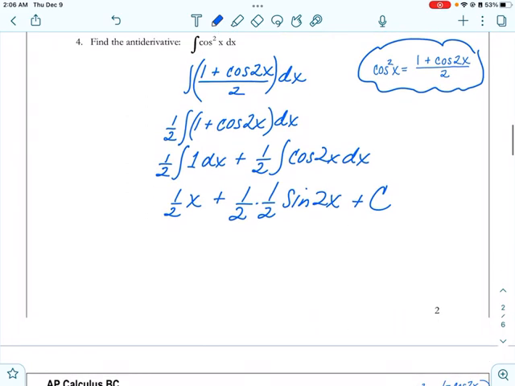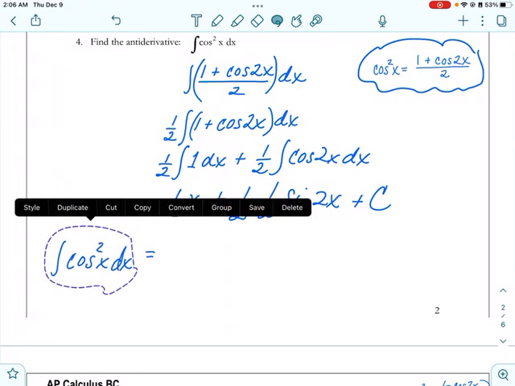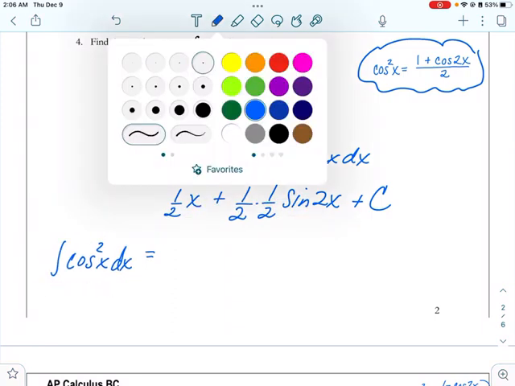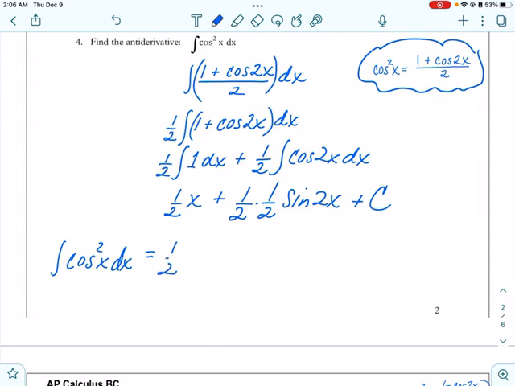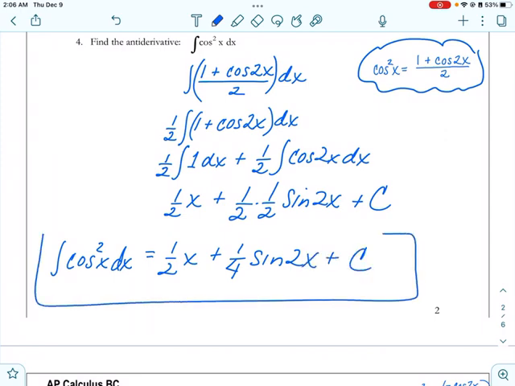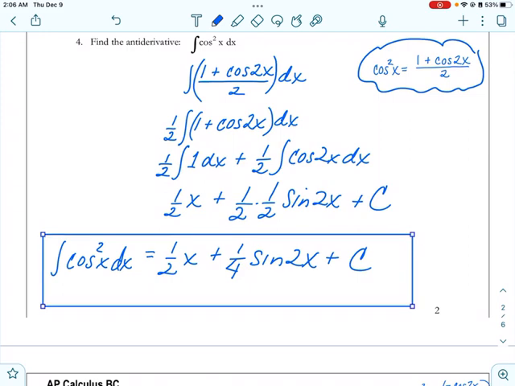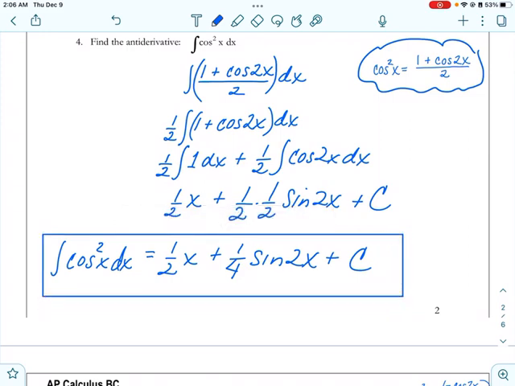So our answer to the integral of cosine squared x dx would then be 1/2 x plus 1/4 sine of 2x and then plus c. There you go, there you have it. Okay, so using the power reduction formulas.